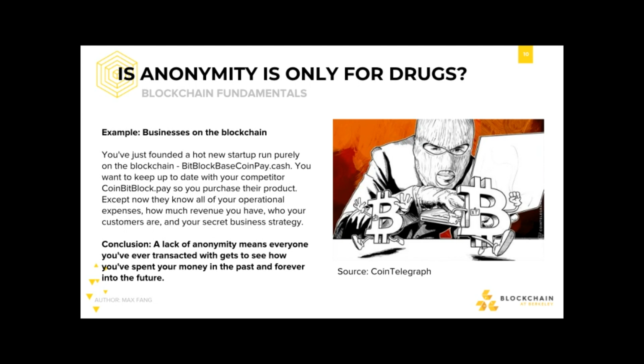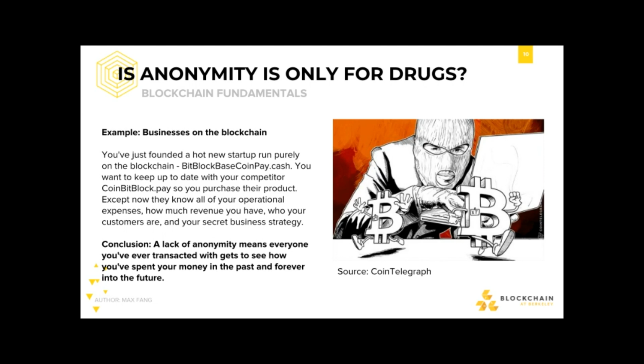Except now your competitor knows what your public key is of your business, and then they can look at how much revenue you have, what your business strategies are, who your customers are, and lots of other data which you don't necessarily want. You basically lost your whole competitor advantage. And why? Because Bitcoin has no anonymity.